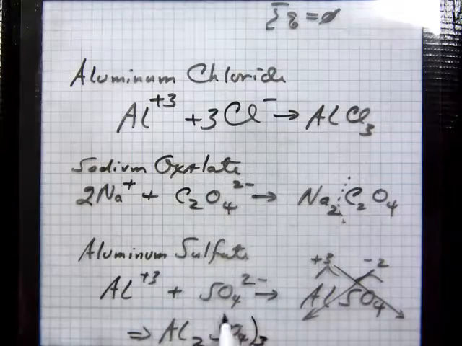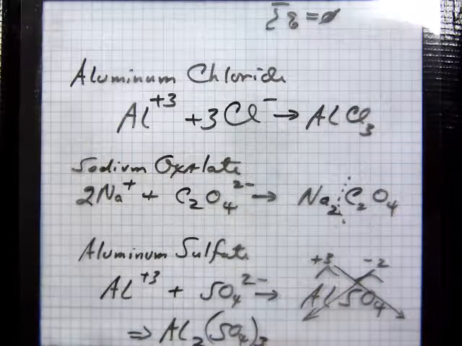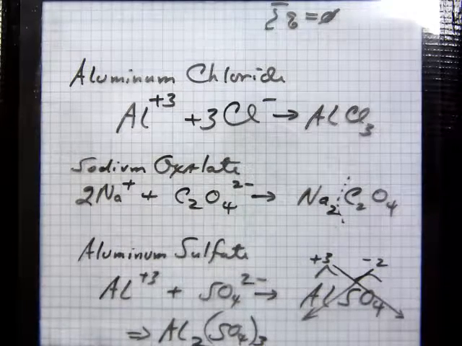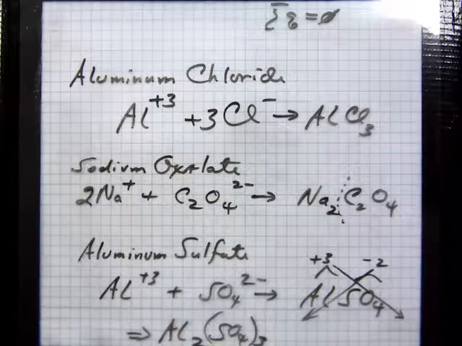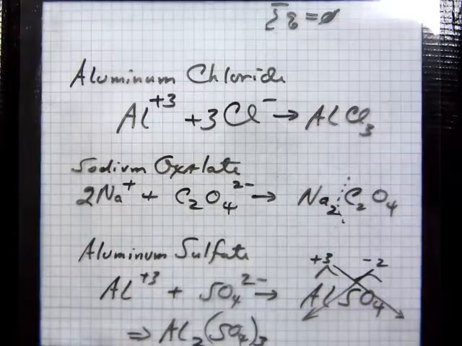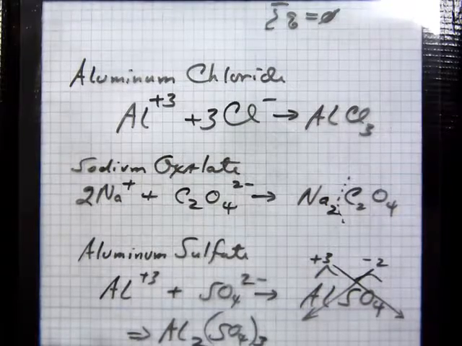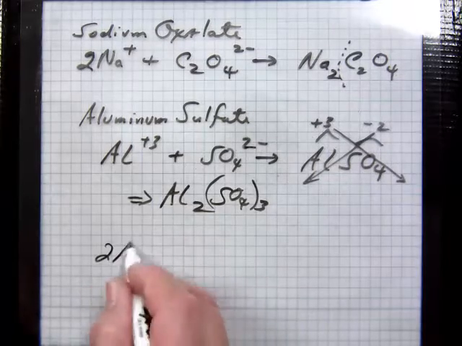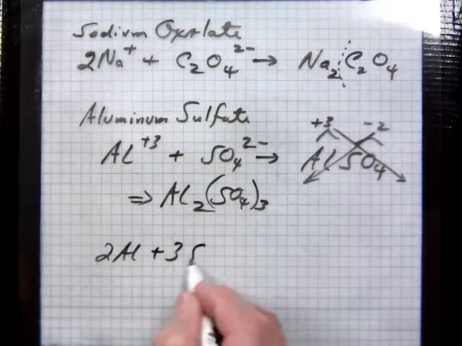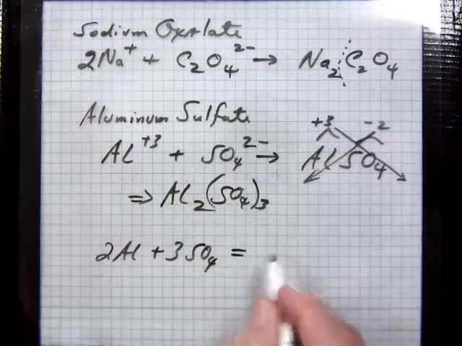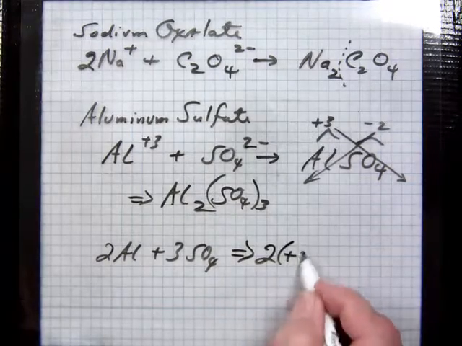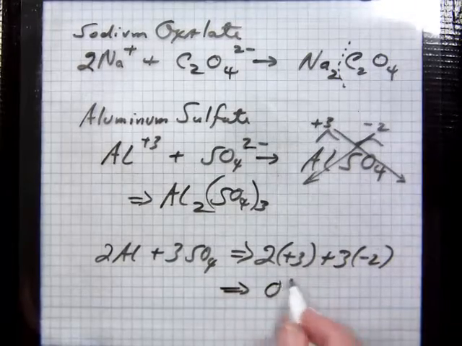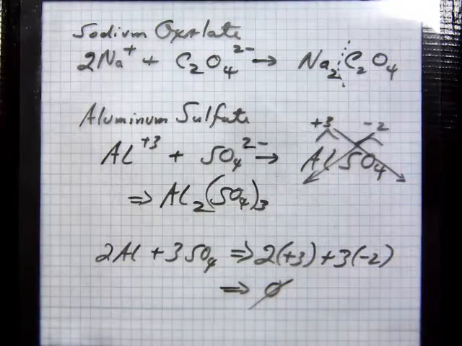But to keep from having 43 oxygens, you have to use a parenthesis in there. So you have to get used to that if you have swapping oxidation states like that. But to check this, we now have 2 aluminums plus 3 sulfates, which is 2 times +3 plus 3 times -2, and of course that neutralizes and gives you 0.